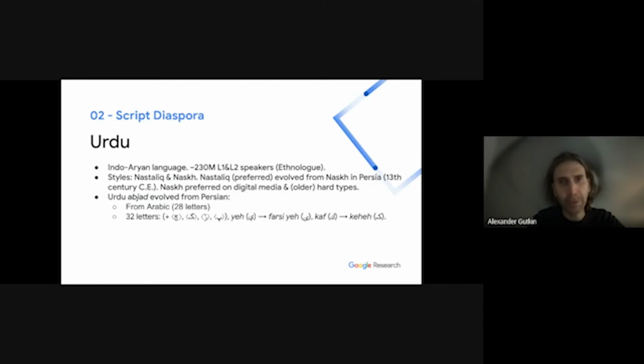It uses two main styles: Nastaliq, which is a more traditional style, and Naskh, which is preferred on digital media because it's easier to present in digital format. And the Urdu abjad, similar to other Perso-Arabic languages in South Asia, originally evolved from Persian, and Persian, of course, evolved from Arabic. So Persian plus Arabic gave Urdu around 32 letters.